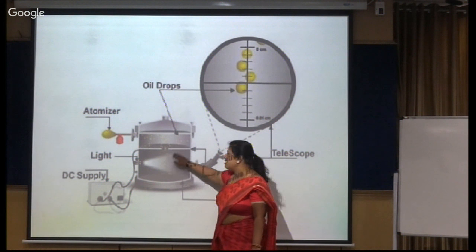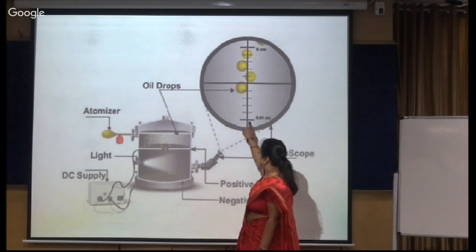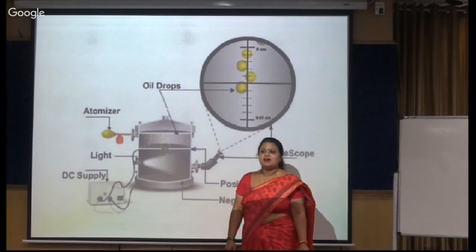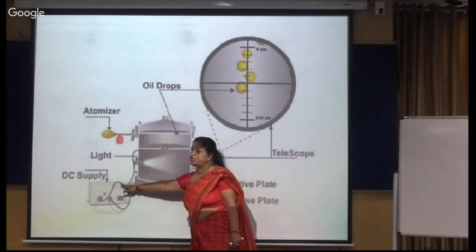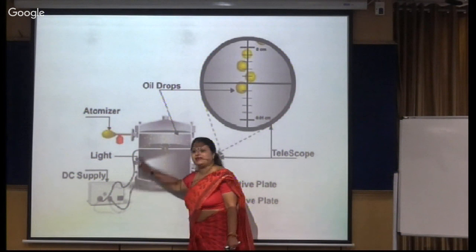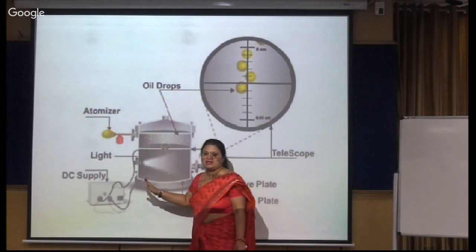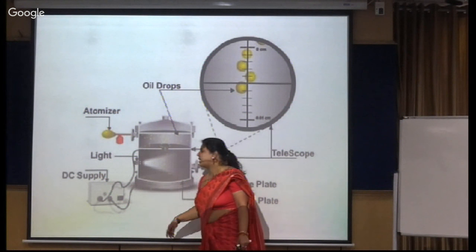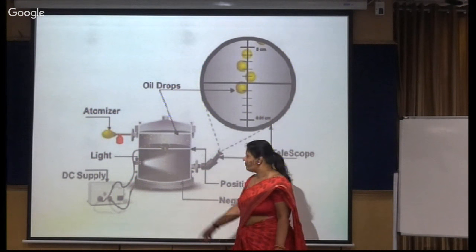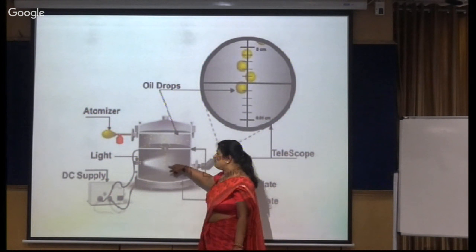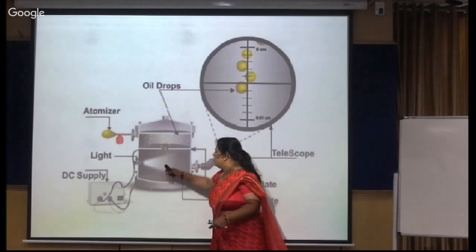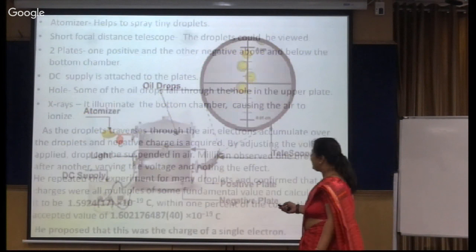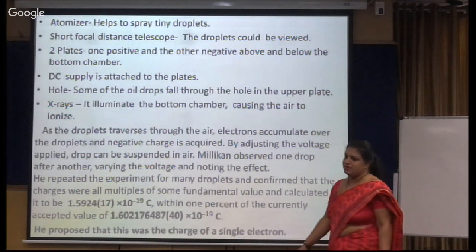And when this occurs, this is a telescope through which the oil drops were observed, okay? Both these plates are connected to a DC supply so that the charge remains the same throughout the experiment. And once we adjust this charge supply, we can suspend the particles as long as we want in this chamber, okay?